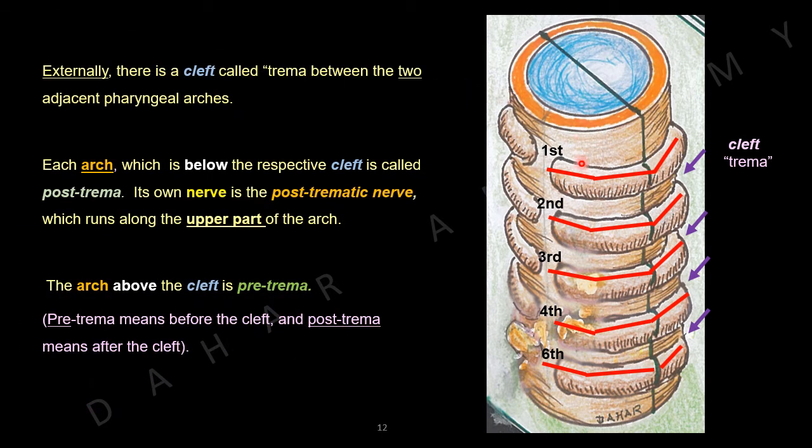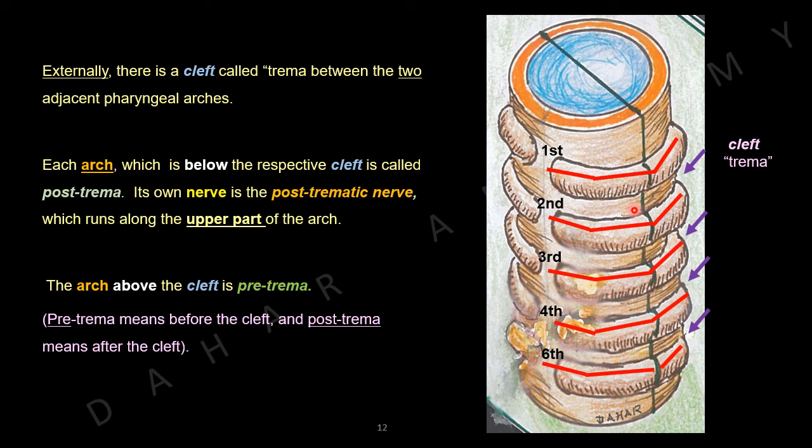Externally, between two adjacent arches, there is a cleft called trema. Each arch below the respective cleft is called post-trematic. Its own nerve is the post-trematic nerve, which runs along the upper part of the arch. The arch above the cleft is pretrematic.